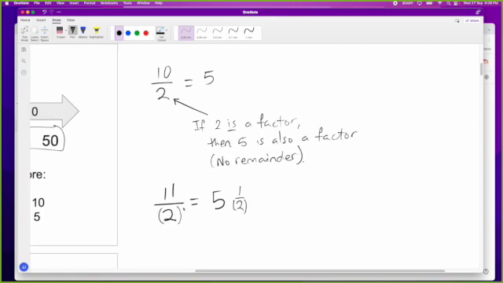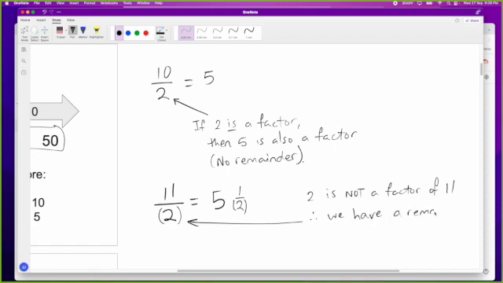So if you understand this process, notice here, 2 is not a factor of 11. Therefore, we have a remainder.